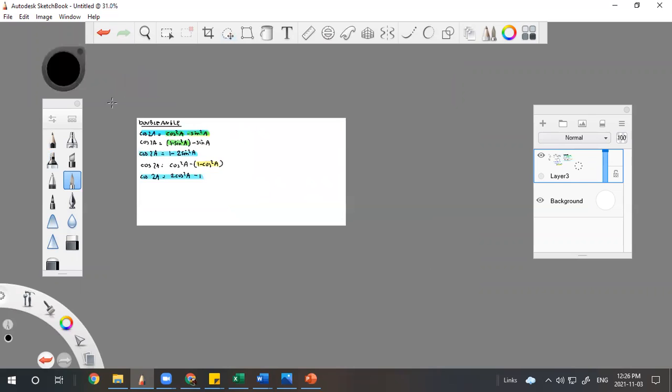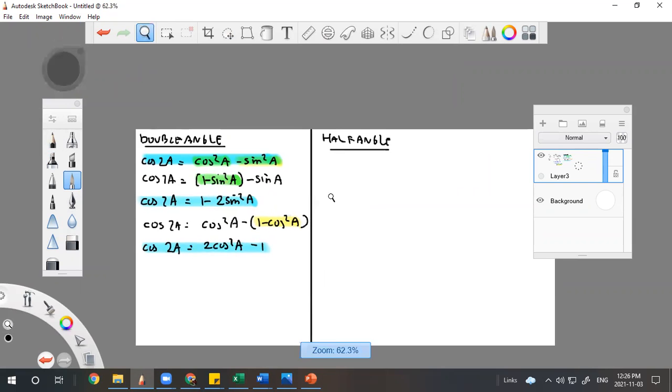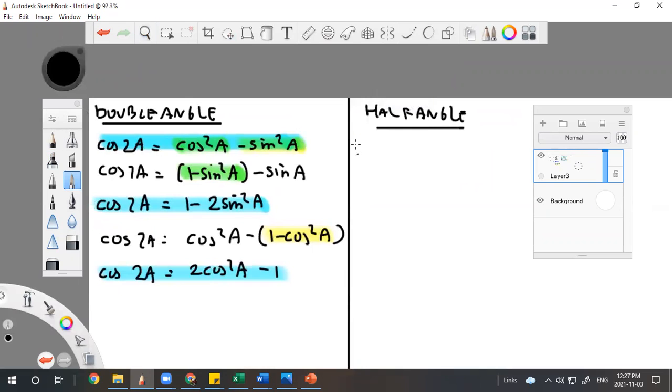Okay. Now, if I have the half angle formula, again I want to combine. So, half angle formula. Okay, let me zoom in more. So if I change the 2a to a, it can be written like this, right, guys?